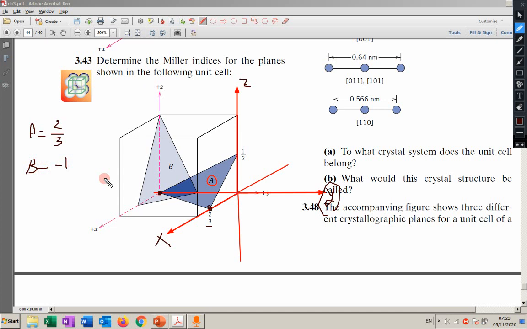With the z-axis, you can see it as well. Whether on the positive side or the negative side, this point is on the axis. So the intercept with the z-axis will be 1/2, on the positive z-axis.